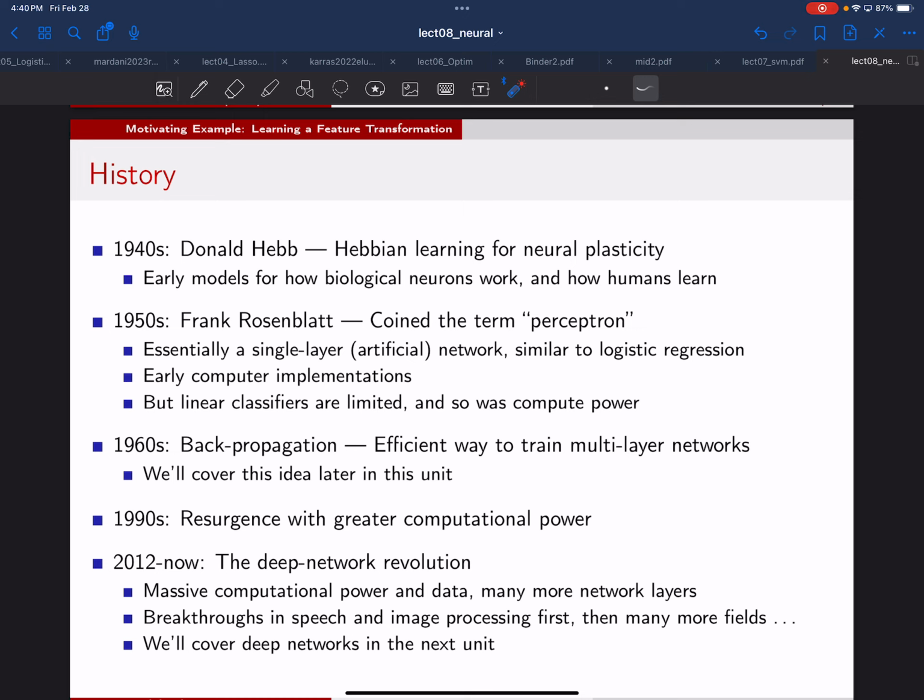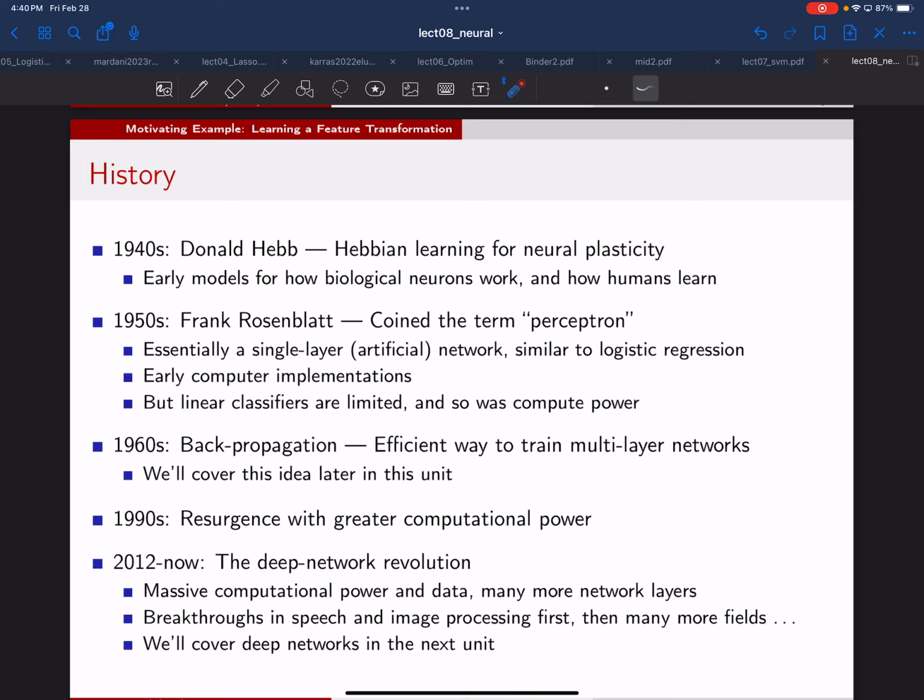But in the 60s, people built on those ideas, and one thing they developed is the backpropagation algorithm, which we'll learn about later in this unit. It's essentially an efficient way to train the parameters when you have multi-layer neural networks. That was, you could say, the first wave of artificial intelligence, back in the 60s, when people were getting excited about all that stuff.